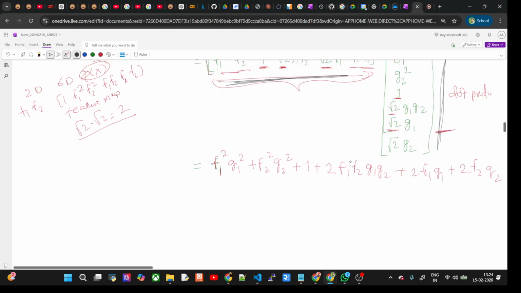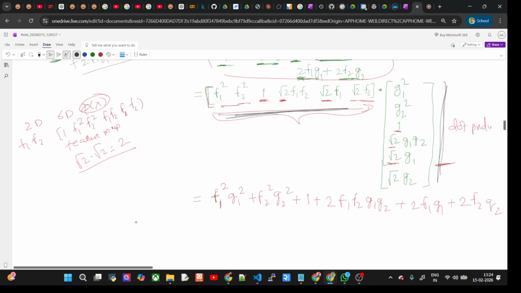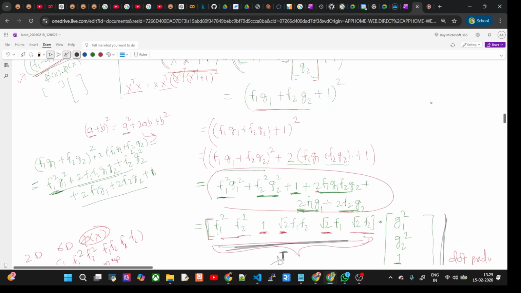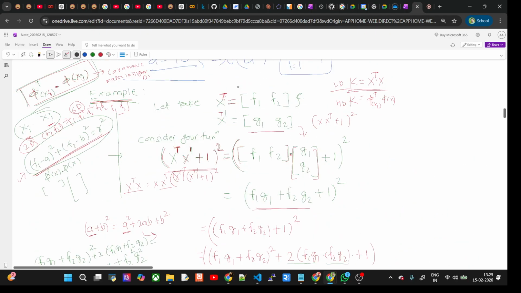What is this? This is nothing but phi of x and then its transpose, and here this is phi of another x prime, because this is G. We know that we consider x as F1 F2 and x prime as G1 G2 here.